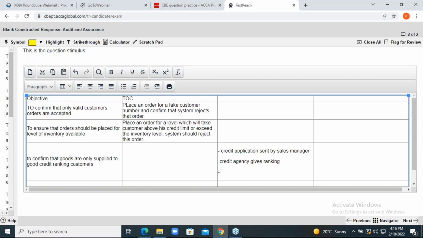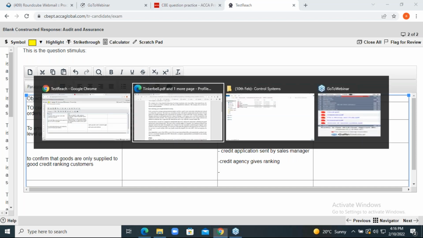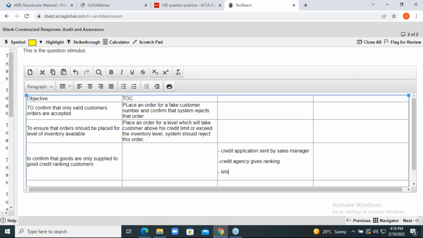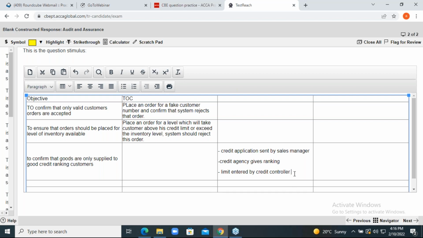And the third process: the limit entered by the credit controller. Now, you can start from the end of the process or you can start from the start of the process. This is your option. You can use both types of test of controls.